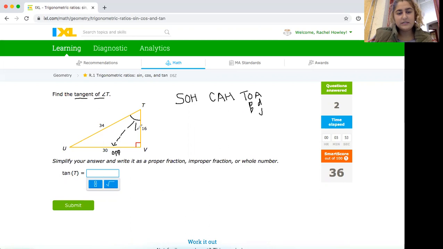And adjacent is always next to the angle, where that 16 comes into play. And it's not 34 as my adjacent because 34 is the diagonal side across from the right angle, and that's always the hypotenuse. So I get tan of T equals 30 over 16.